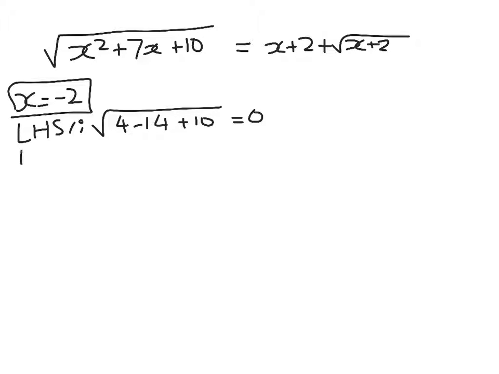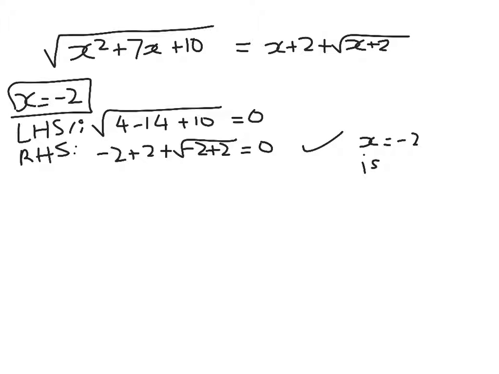That equals 0. Now evaluate the right hand side. We get negative 2 plus 2 plus the square root of negative 2 plus 2, which also equals 0. So x equals negative 2 is our solution.